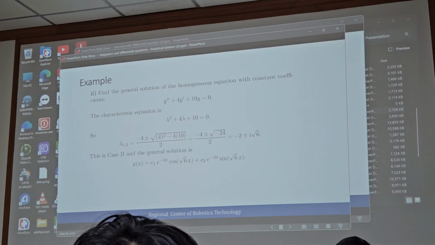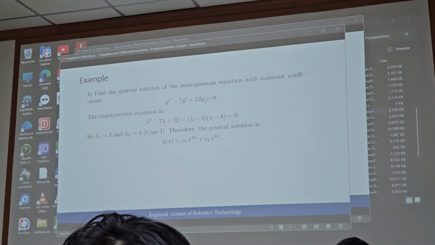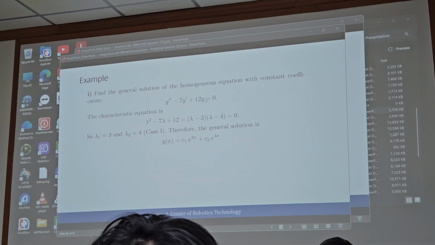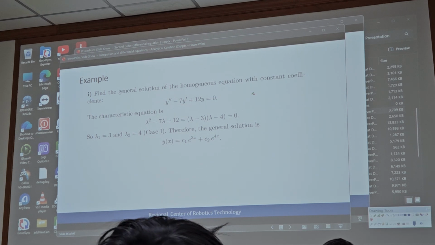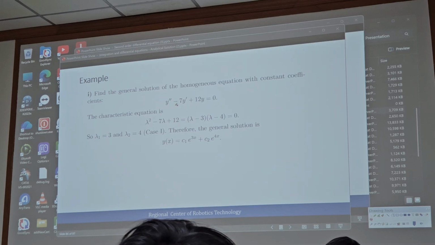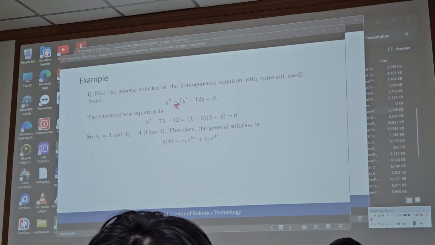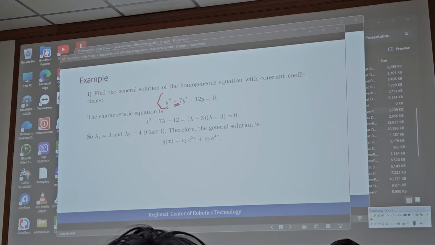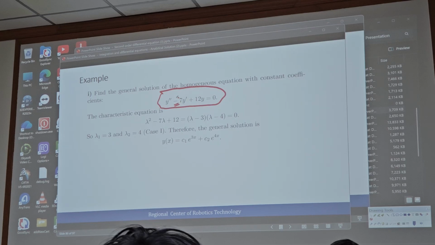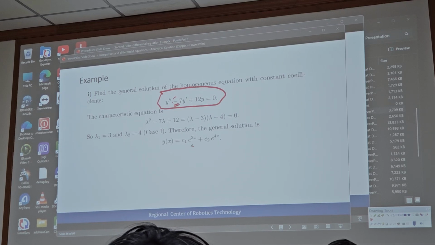Look at this one as well. See, you have actually this unstable. Look at this one. Let's say this one is unstable, right? See, your lambda is positive, so this one is unstable. You see, this goes up, right?